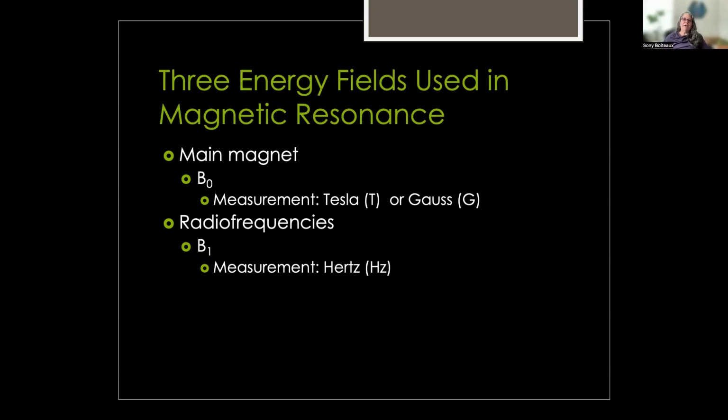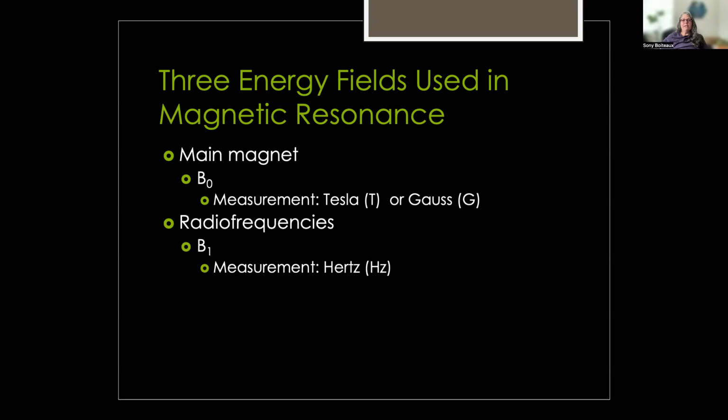Next is the radio frequency field. So essentially, when we place our patient into our scanner, we're creating a magnetic field in their body. However, our computer system can't distinguish the main magnet from our patient's magnetism. So to distinguish that, we need the radio frequency fields to be introduced. And so this is going to be energy that is found on the electromagnetic spectrum.